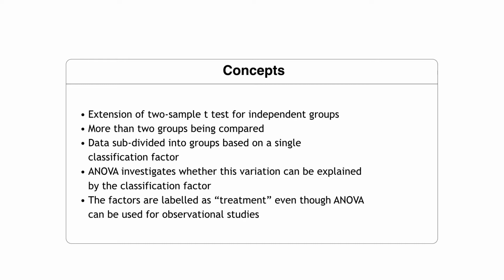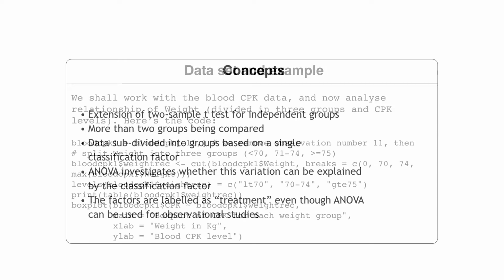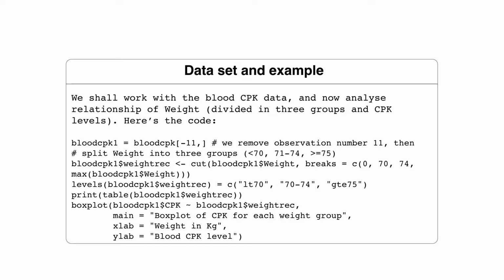Continuing with this, let us revisit our data set. As you know, we are going to revisit the data set that we've been using for some time now, which is the blood creatine phosphokinase data for athletes. We have been studying whether weight and age would be two factors that can explain things.